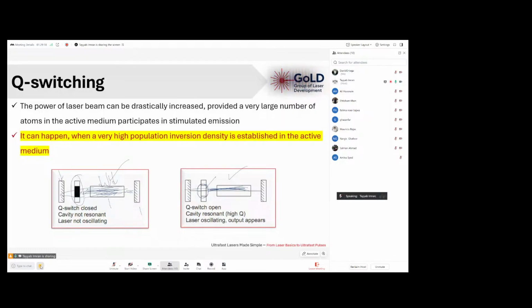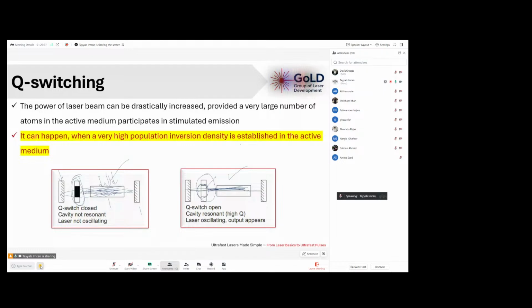And this Q switch depends. We can use a mechanical switch, but it cannot be very fast, obviously. So in commercial, modern lasers, some kind of electro-optic switches are used. They close for 1 microsecond, 1 millisecond, or whatever, and then open to get the giant pulse.